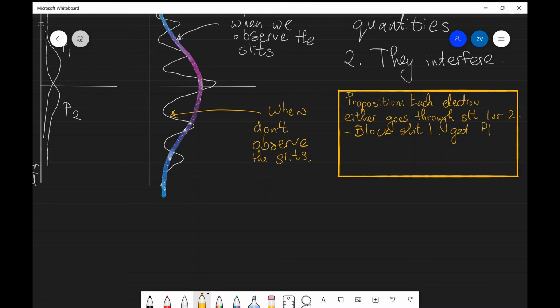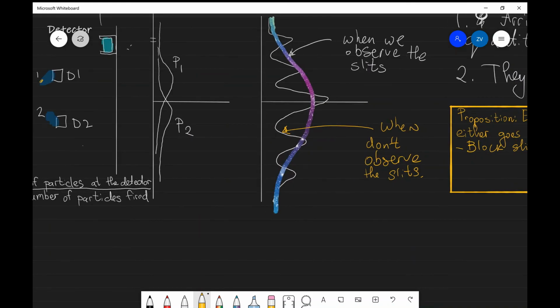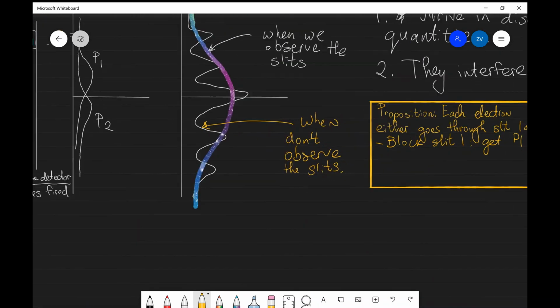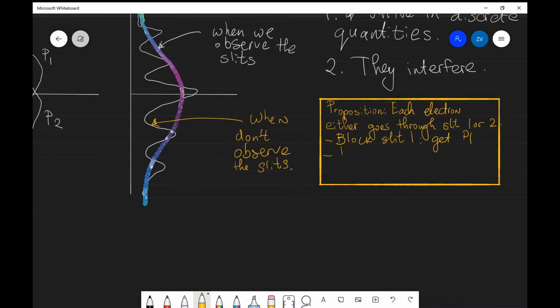So this is something which is really interesting. If we block one of the slits, so if we were to block this slit, we're going to get curve P1. If we were to block slit 2, we're going to get P2.